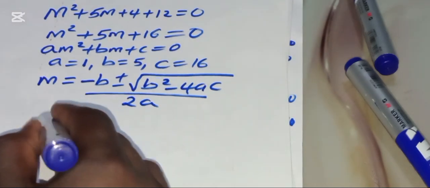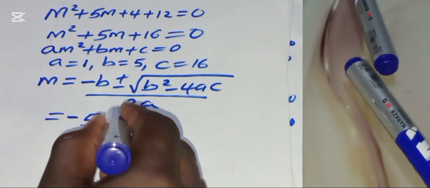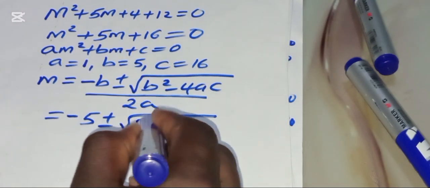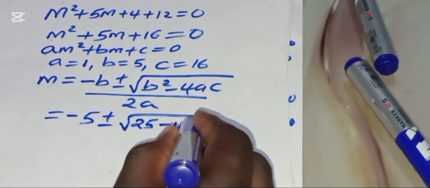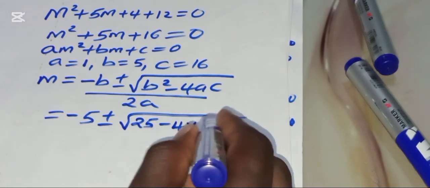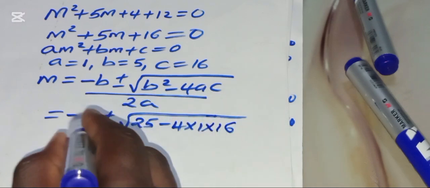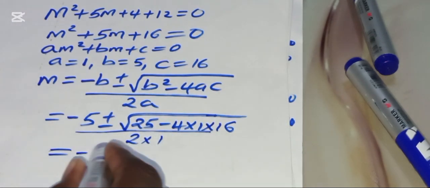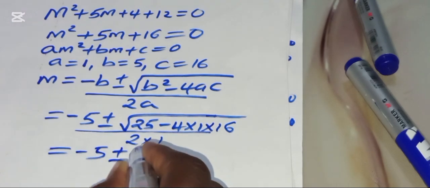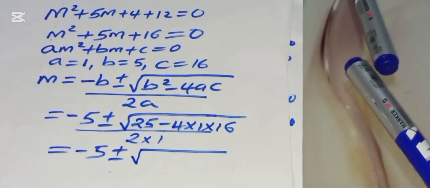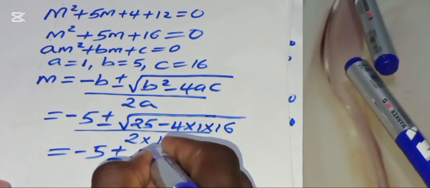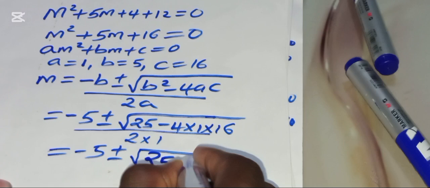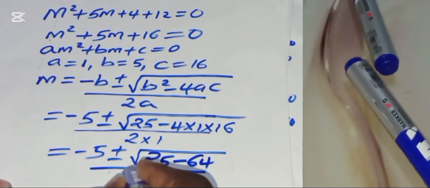We'll have negative 5 plus or minus the square root of 5 squared, which is 25, subtract 4 times 1 times 16, divided by 2 times 1. So we'll have negative 5 plus or minus 25 subtract 16 times 4, which is equal to 64, divided by 2.